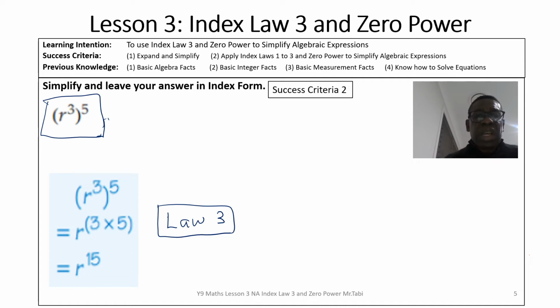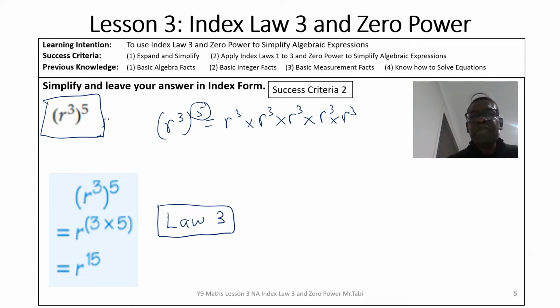because r to the power of 3 to the power of 5 is simply r to the power of 3 times r to the power of 3 times r to the power of 3, r to the power of 3 times r to the power of 3. 1, 2, 3, 4, 5, because that power is 5.